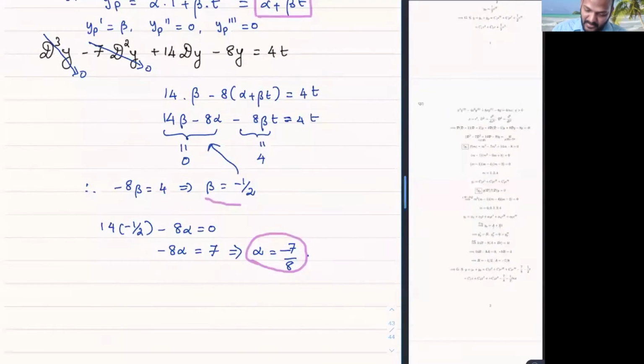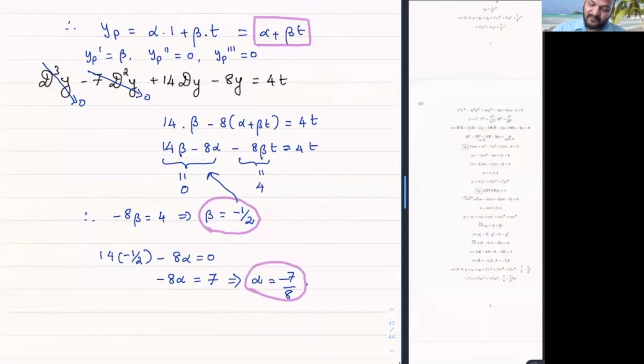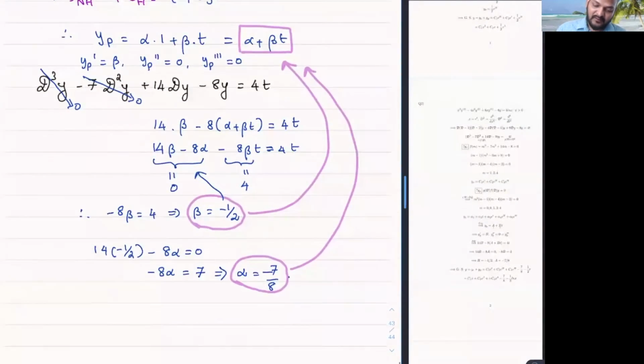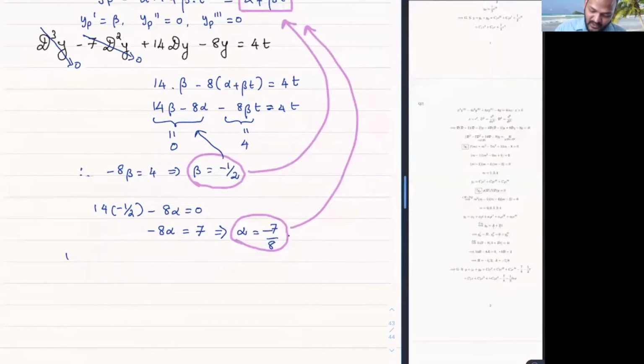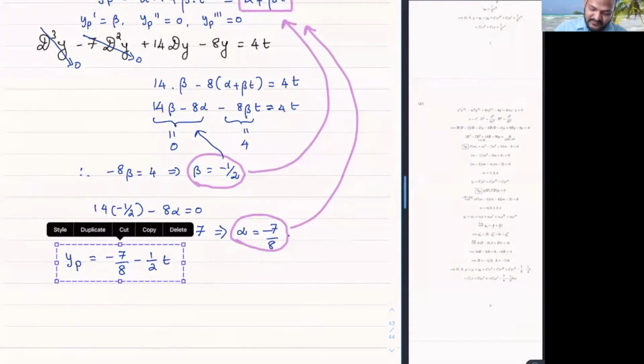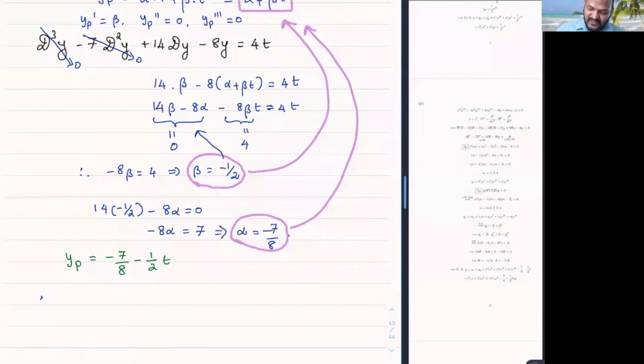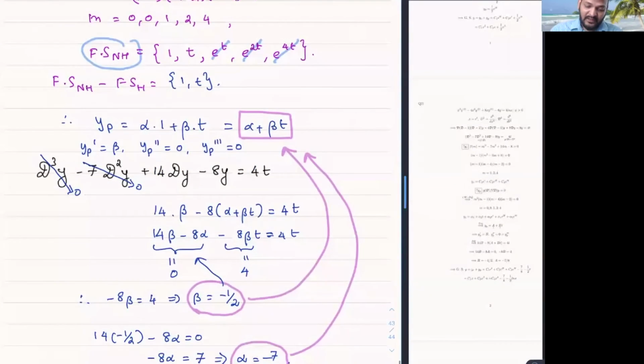and beta. So if I plug this back in here, you would agree that my yp is going to be negative 7/8 negative 1/2 t. Let me change into a different color. So that's what I have. And so therefore the general solution in terms of t, y as a function of t, is going to be yc plus yp.